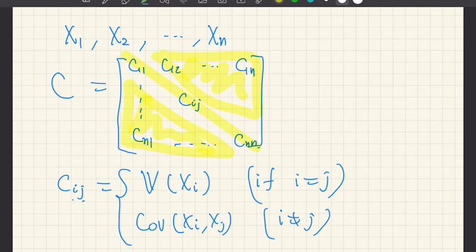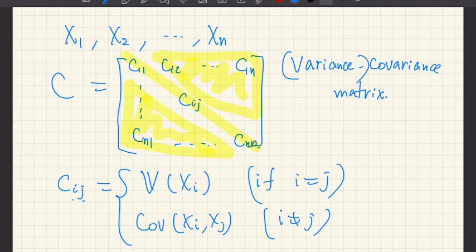Such a matrix is called a variance-covariance matrix, or covariance matrix for short.